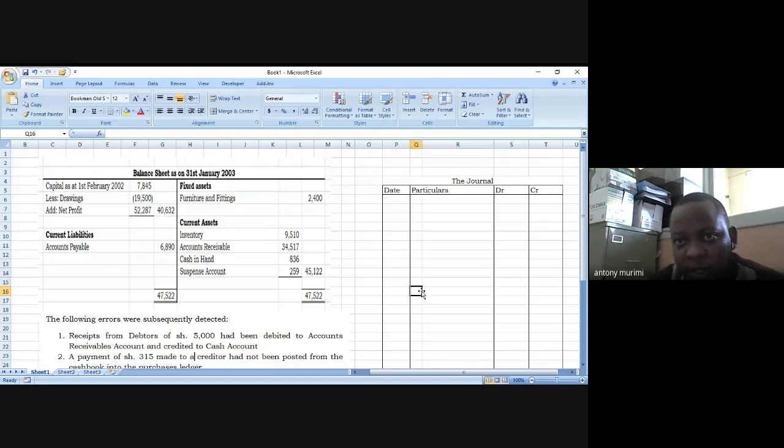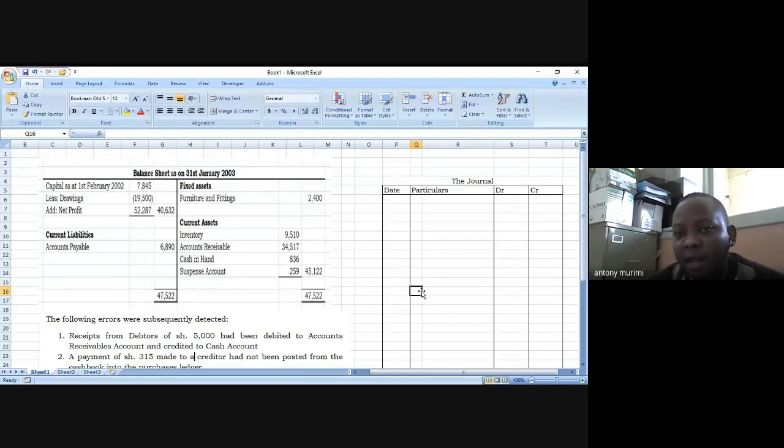He did the opposite. So this is the error of reversal of entries. Instead of debiting cash with the increase in cash, he credited. And instead of crediting debtors with a decrease in debtors, he debited debtors, which was very wrong.